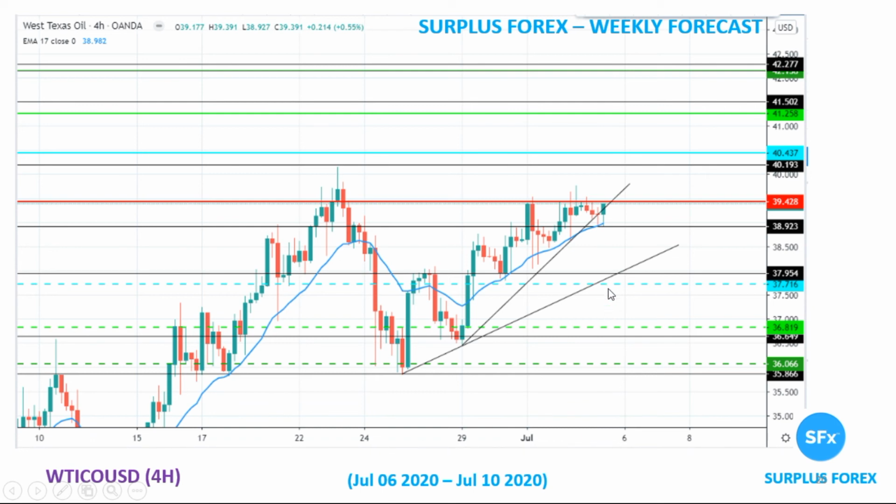You can easily pick this entry point at 37.70 and keep first target 36.81, second target 36.06, right above the old support of 35.85. So I expect it to still rise up to 42 and then fall from there, if it's to fall, meeting the old resistance of 42.